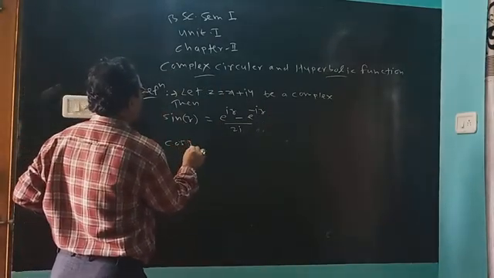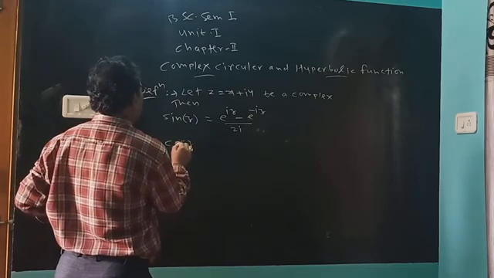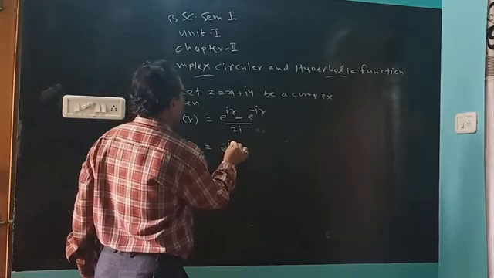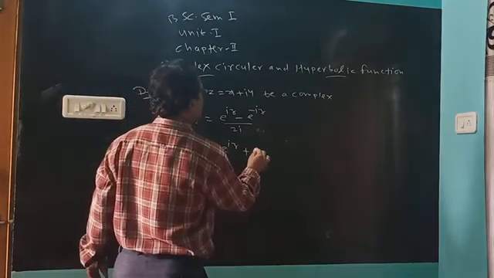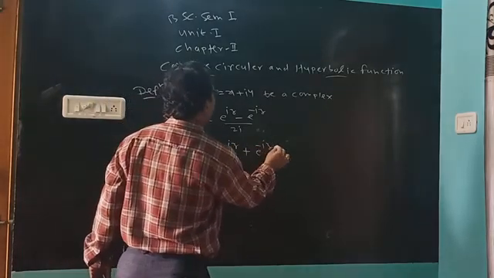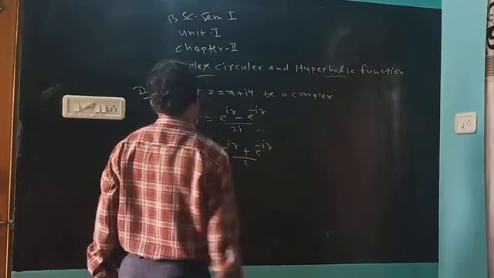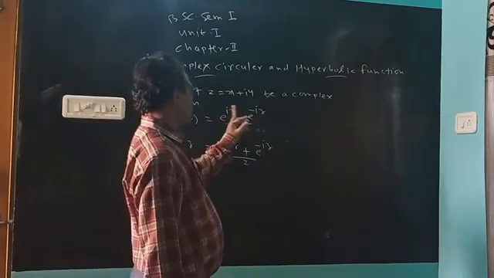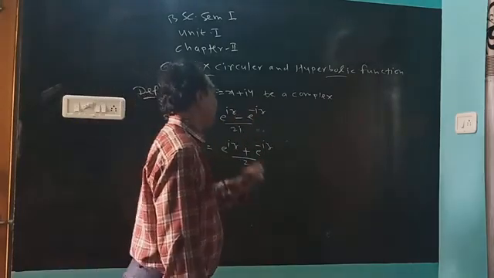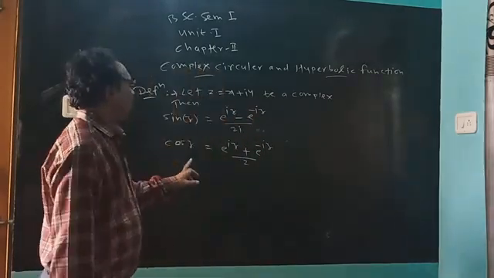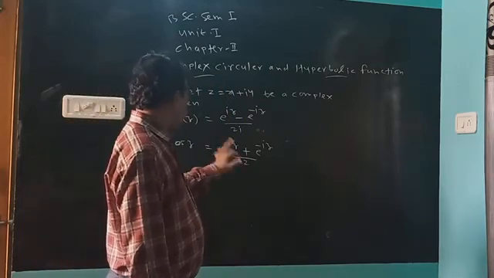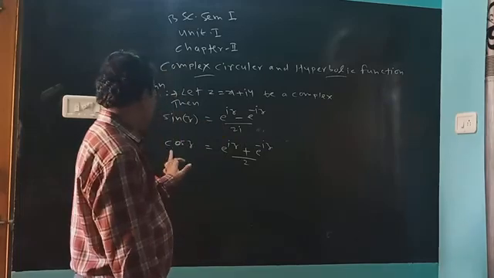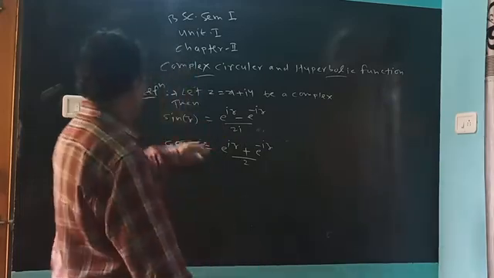Similarly, cos z. Cos z will be e raised to power iz plus e raised to power minus iz upon 2. Okay, so for sin z it is subtraction, upon twice i, and for cos z it is plus, upon 2.